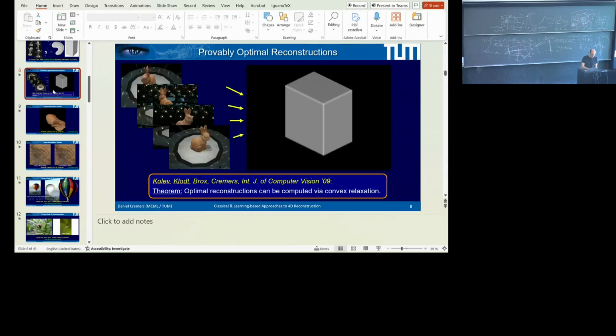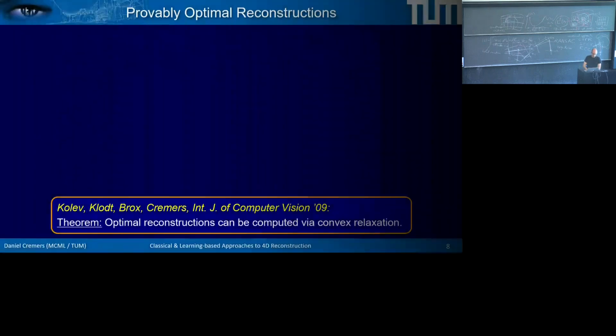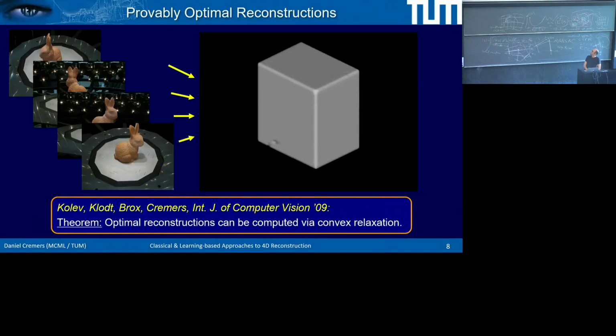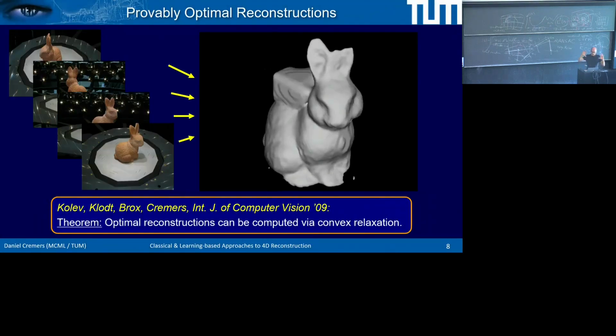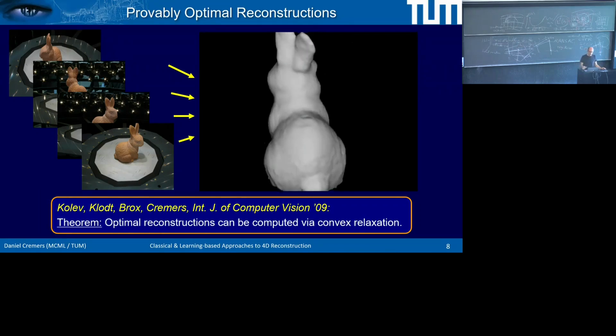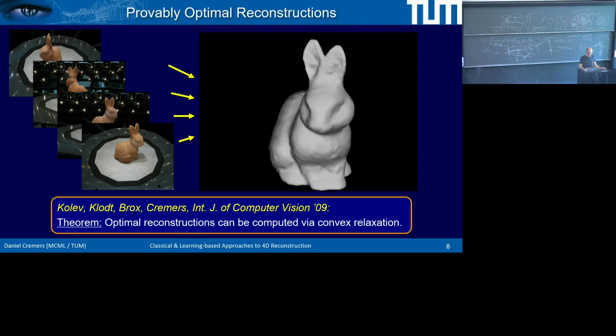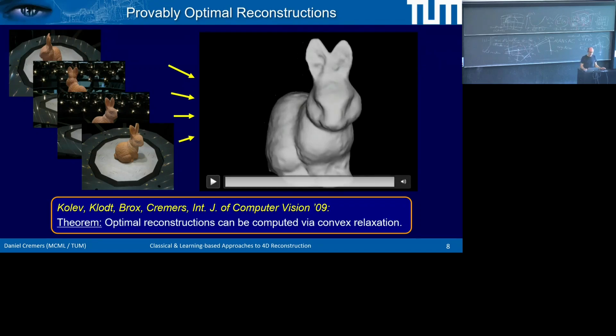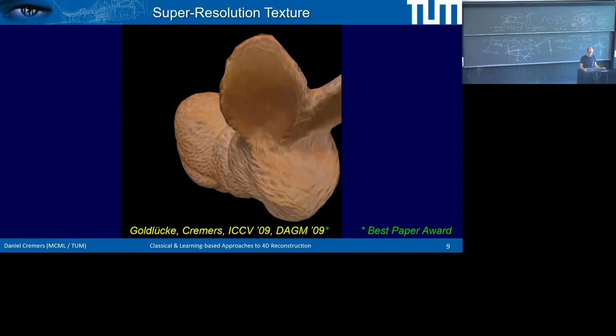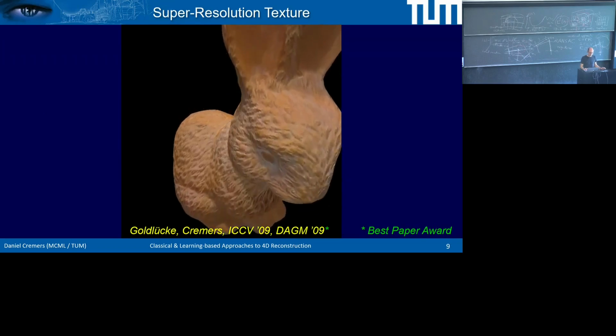Here is the reconstruction of the bunny, where we take a set of images and then this algorithm finds the optimal reconstruction. And you can see it's fairly detailed, but not super high detailed. And then we can compute the texturing, and this is the reconstructed bunny after texturing it.